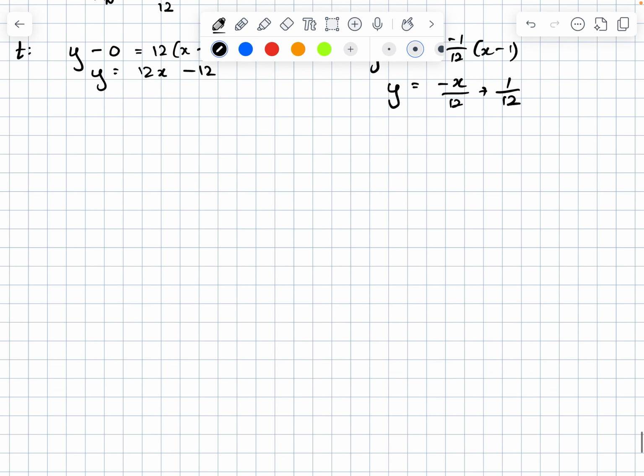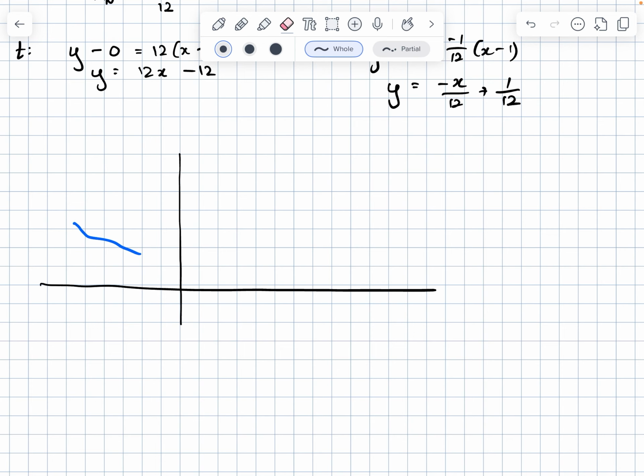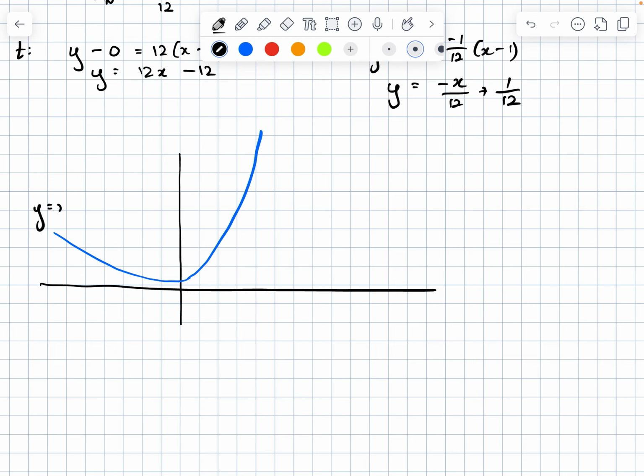Final question, and this is a past exam question. We have a graph that looks like this. And we're told that that equation is y equals x squared plus e to the power of 2x.